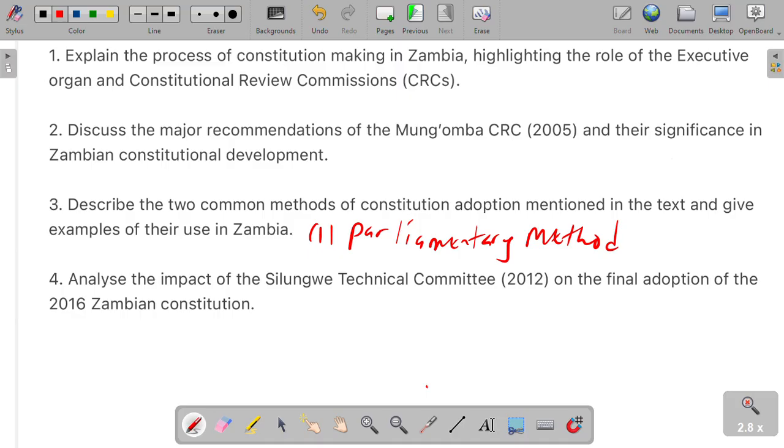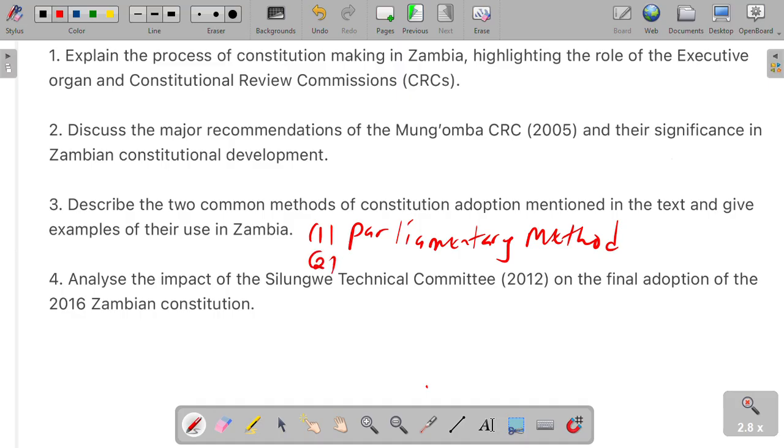So in this parliamentary method, a draft debated and approved by the parliament is used in the 3 CRCs. So they have a draft which is debated on and approved by the parliament, and it is used in the 3 CRCs. What else?